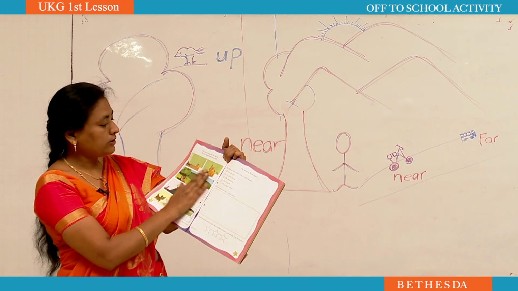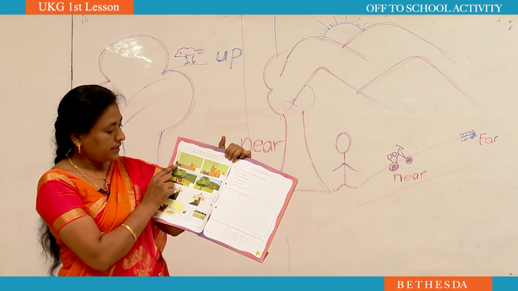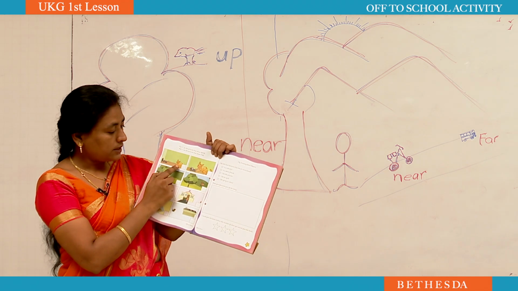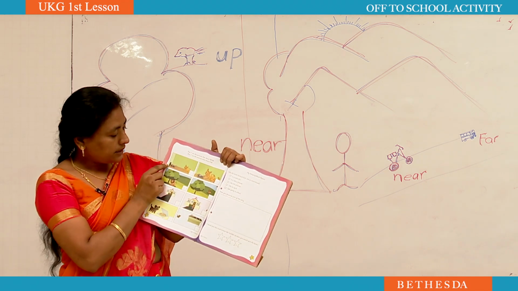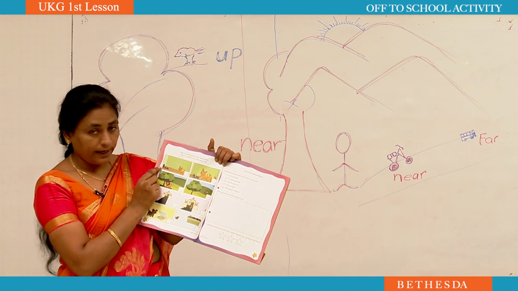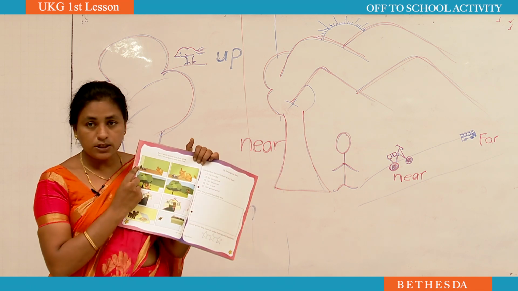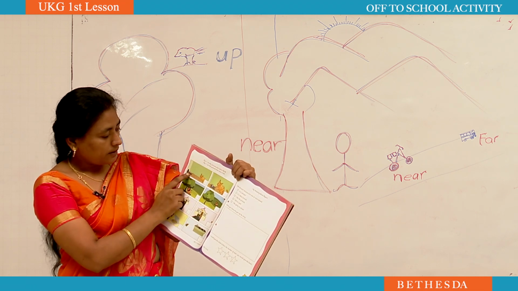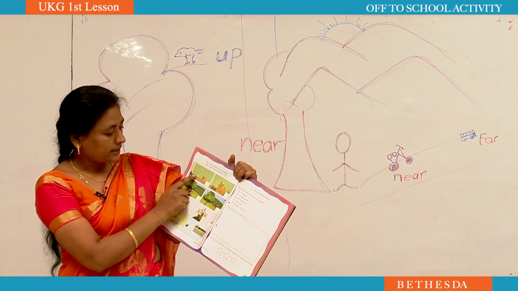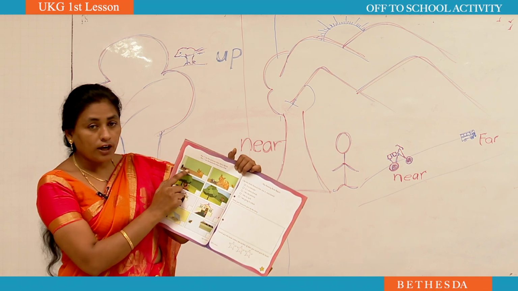Now you have to see this picture. There is a mouse and a cat. See, there is a hole here. To this hole, the mouse and the cat, are they far or near?